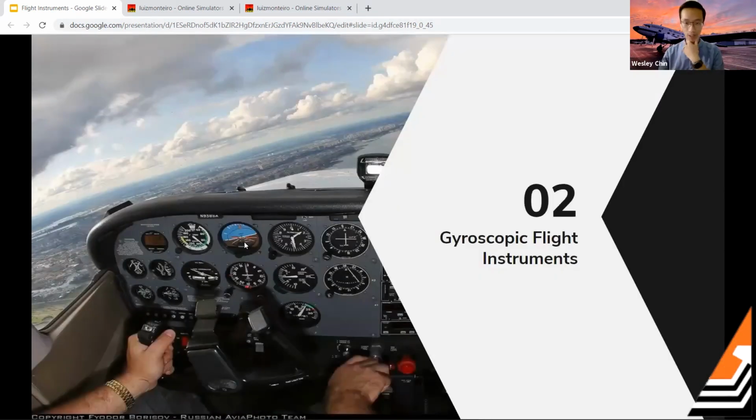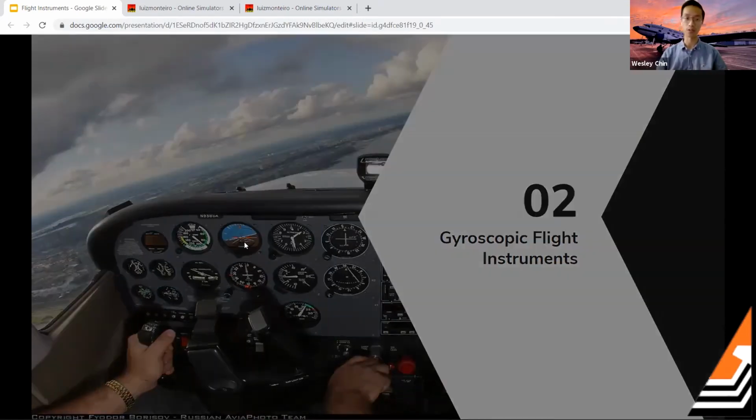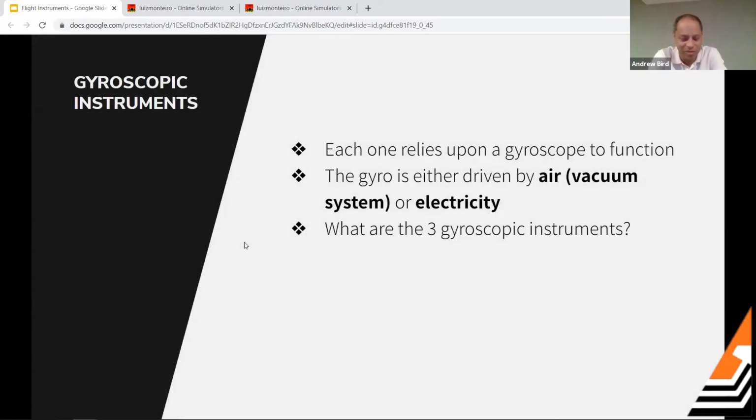All right, so getting into the gyroscopic flight instruments now. Each one of these instruments relies upon a gyroscope to function, and the gyro is either driven by air from the vacuum system or electricity. So does anybody know what the 3 gyroscopic instruments are out of our standard 6-pack?